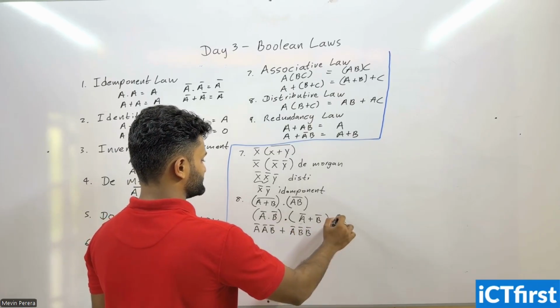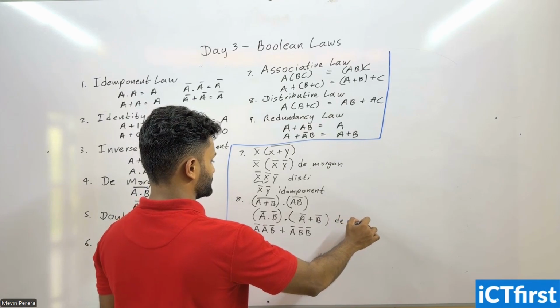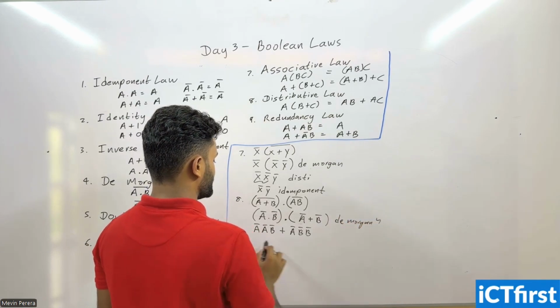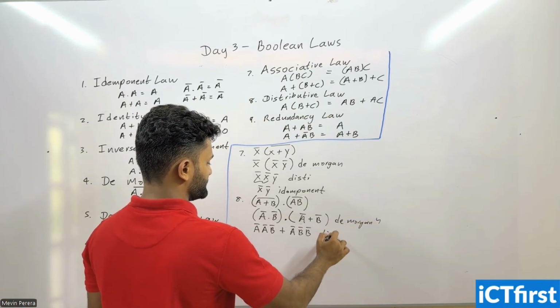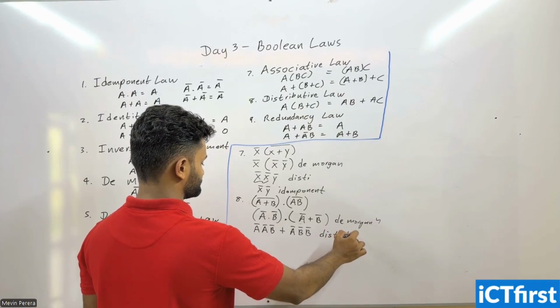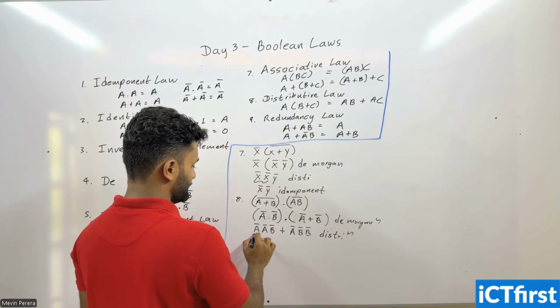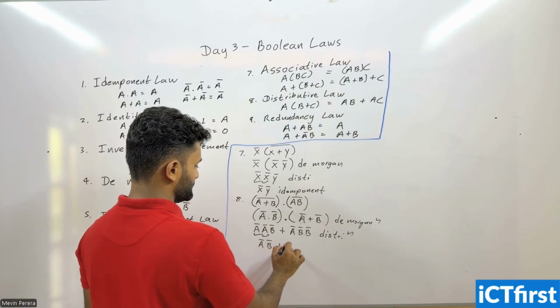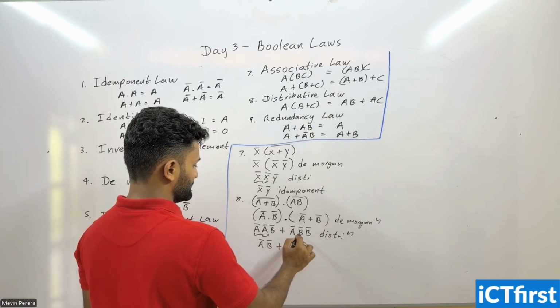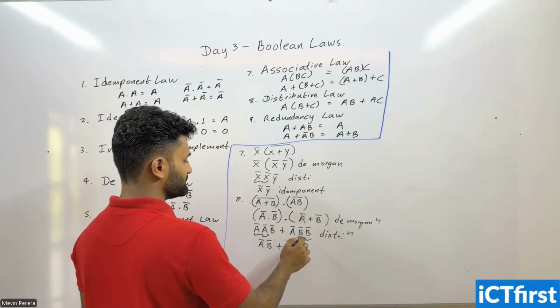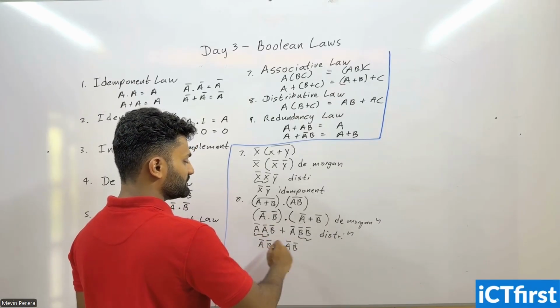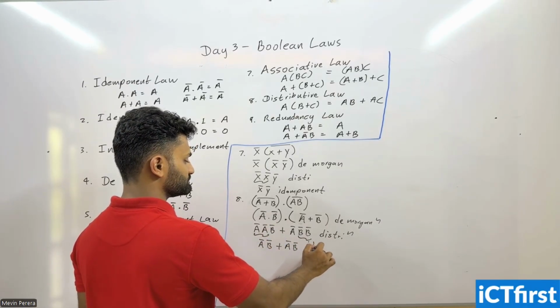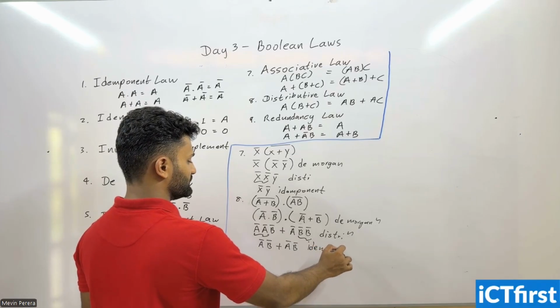Now this was De Morgan's law. This one is the distributive law. So a dot a bar is a bar, plus a bar, this one is b bar. Why did we do these two together? Because it is the same law, idempotent law.